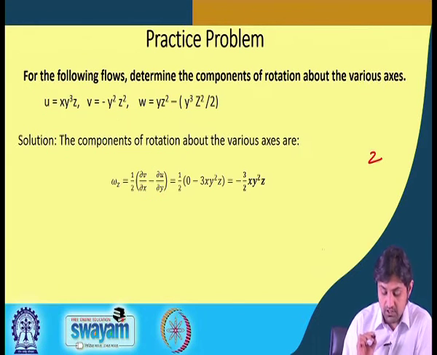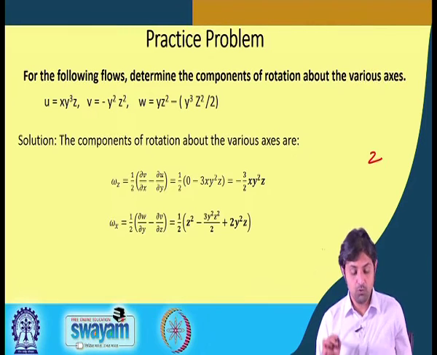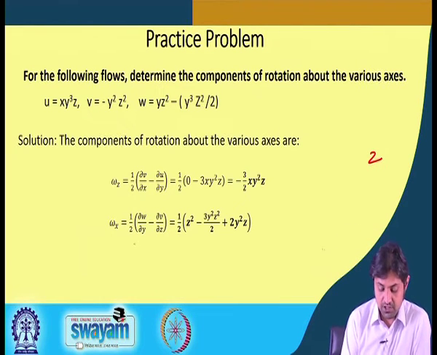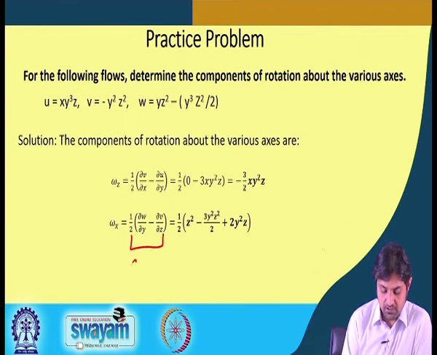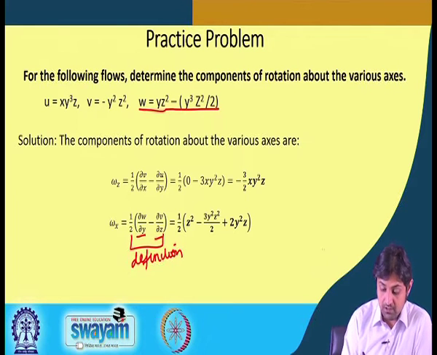So I am erasing all the ink again, so we can concentrate on the other. Omega x is by definition, so again this is definition. We need to calculate del w del y and del v del z. So let us look at w here, right? There is a y component.